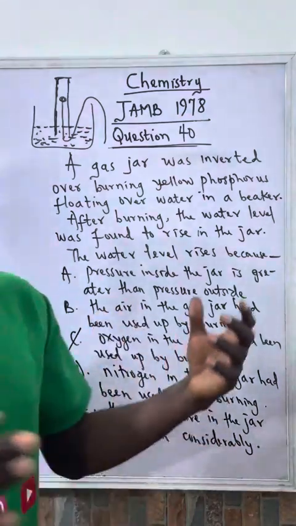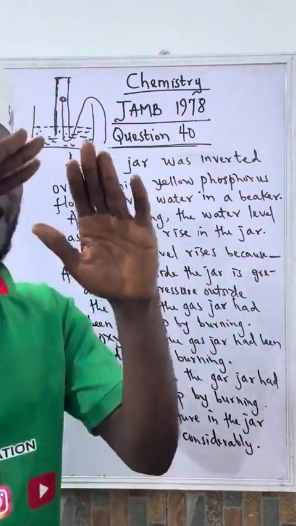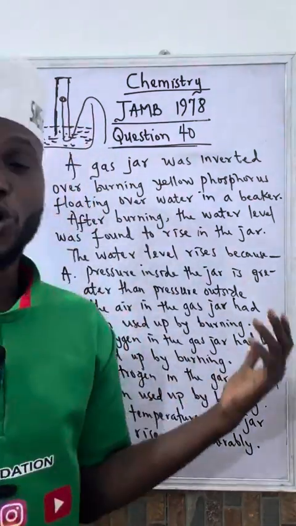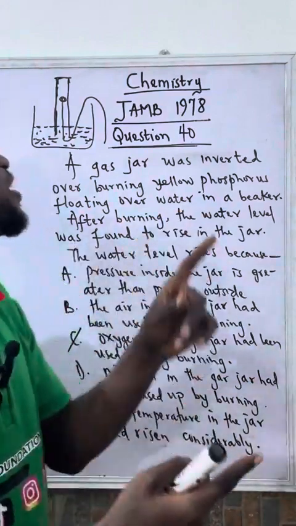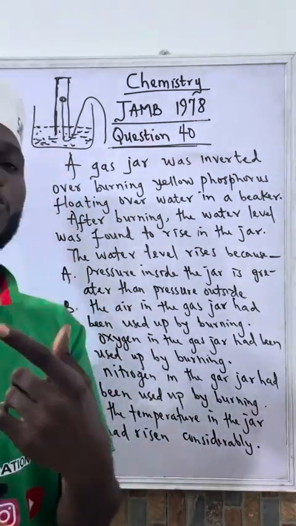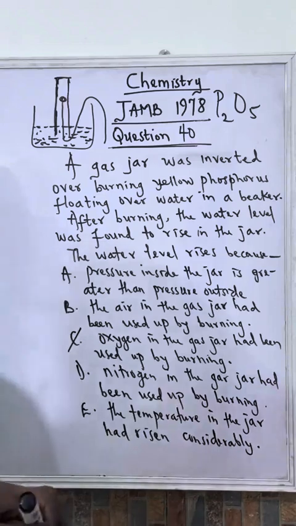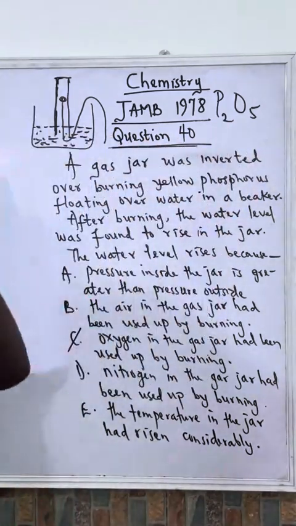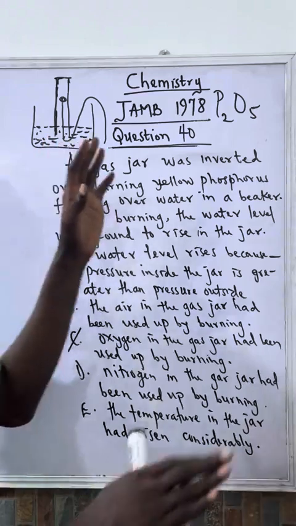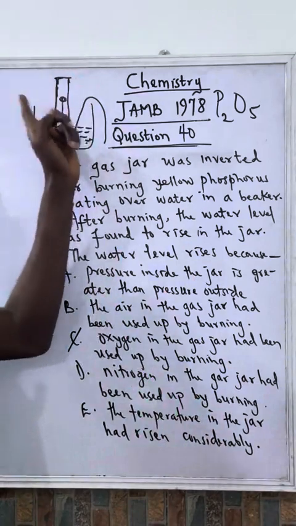Since the oxygen is used up, the composition and volume of air inside the jar has reduced. The oxygen has been converted to phosphorus(V) oxide, also known as phosphorus pentoxide, P2O5, which is a solid. So phosphorus pentoxide has been formed, and there is no more oxygen inside the air. It is now looking more like a vacuum.